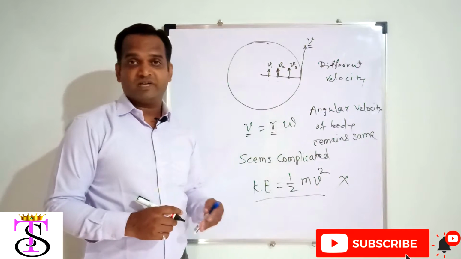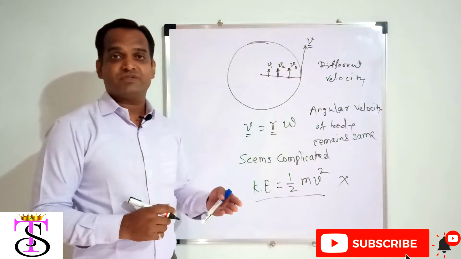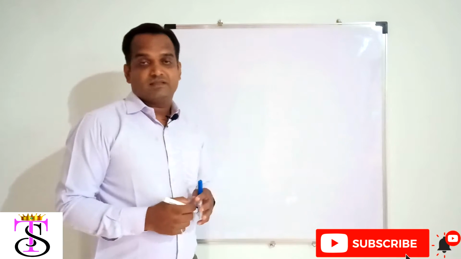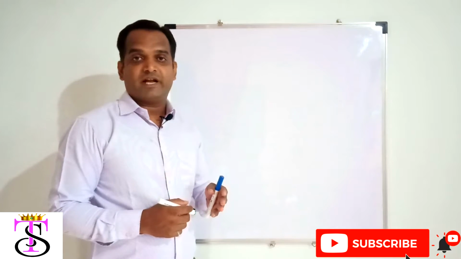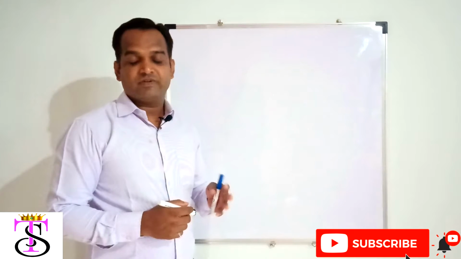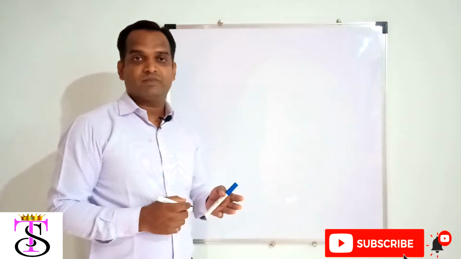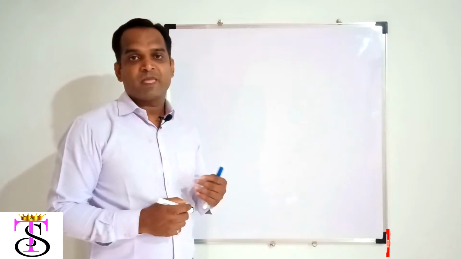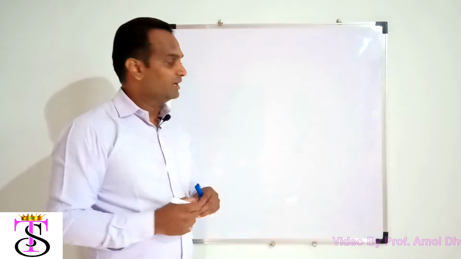So we need to formulate another equation by using which we can find the kinetic energy of a rotating body. As the velocity of a rotating body at different points is different, we need to find a way to express the kinetic energy of a rotating body in terms of omega.